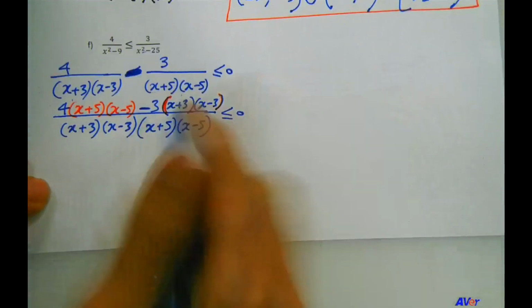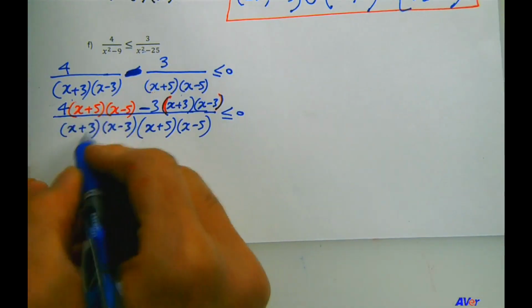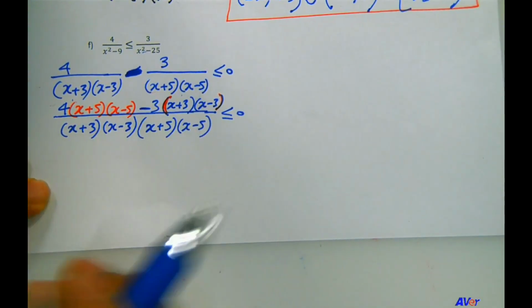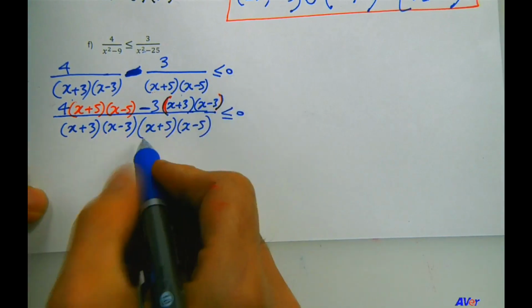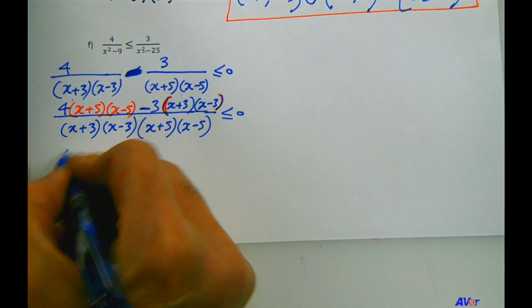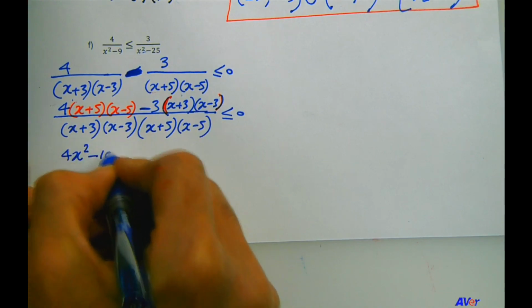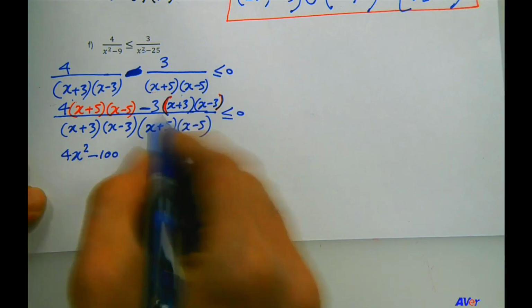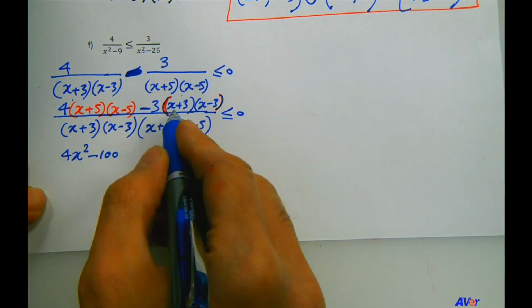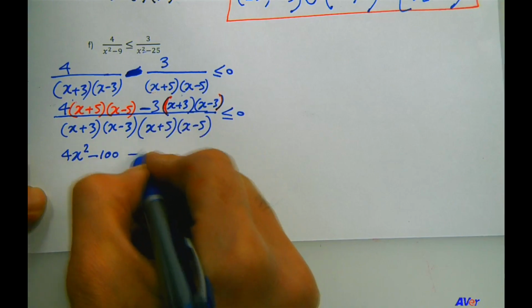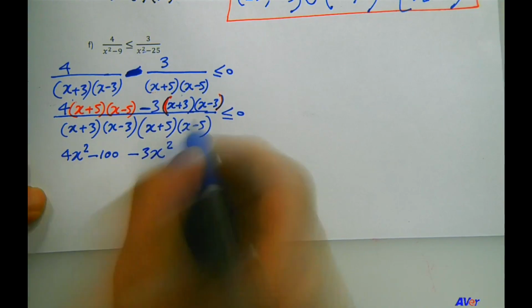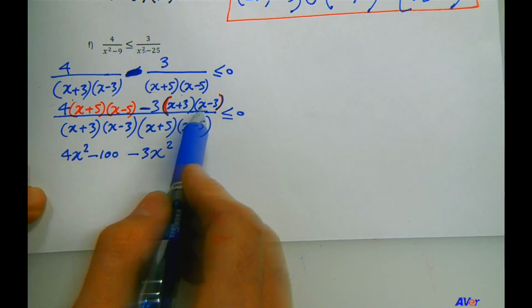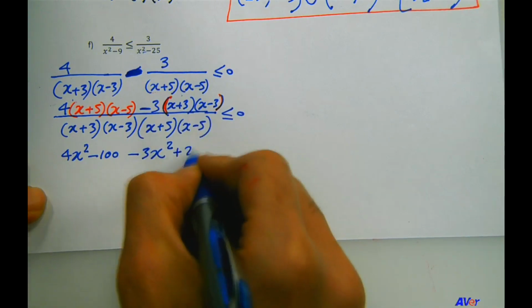distribute and simplify. In the numerator, we're going to have, again, I'm going to make this a little bit compact so I can fit the solution here. So we have 4x squared minus 100. And here we have minus 3x squared, multiplying these, and then minus 9 times plus 27.